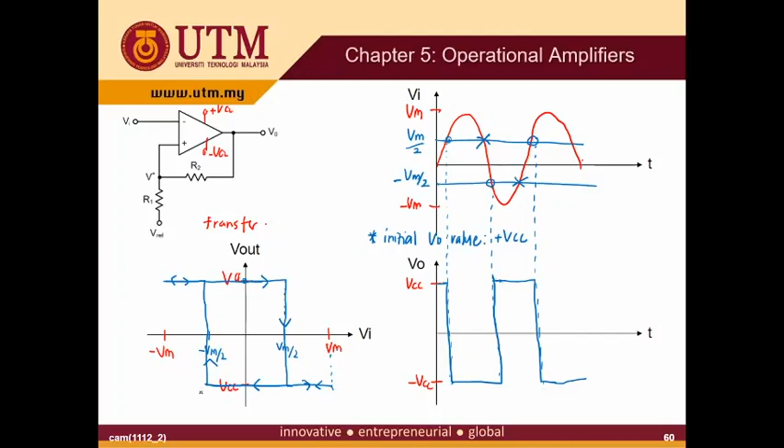So the transition happens at the VUTP and VLTP, so you need to label the VUTP and VLTP on the axis of the input. Basically, the shape of the transfer characteristic is always like this. So if you label the transition points correctly and then draw something like this, your answer is correct.